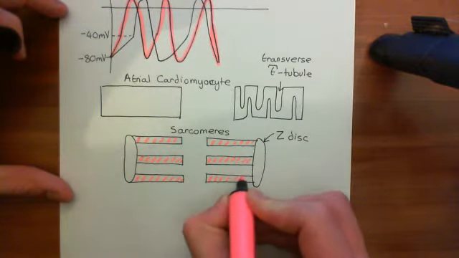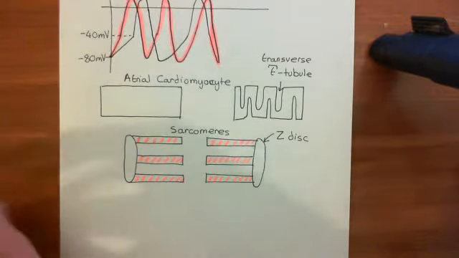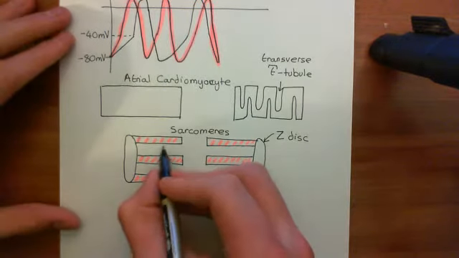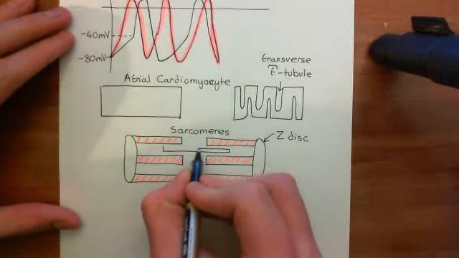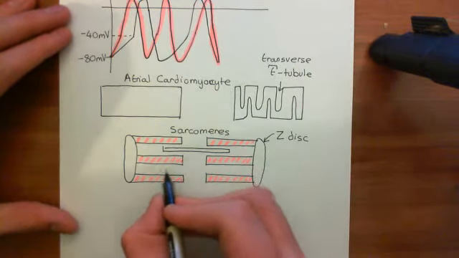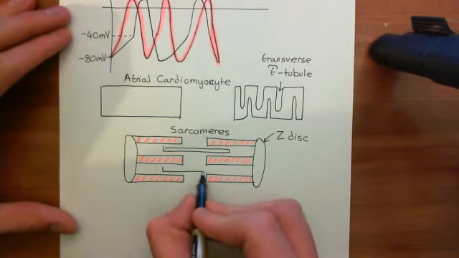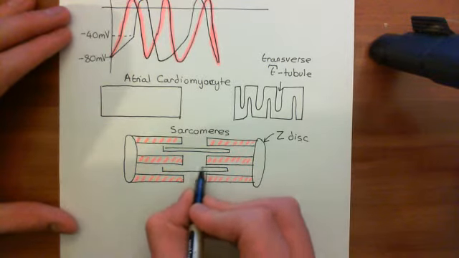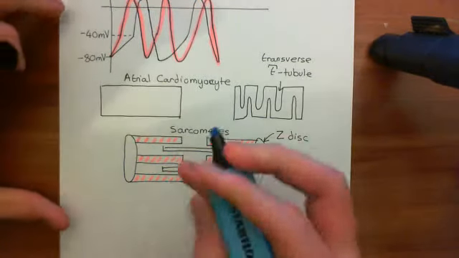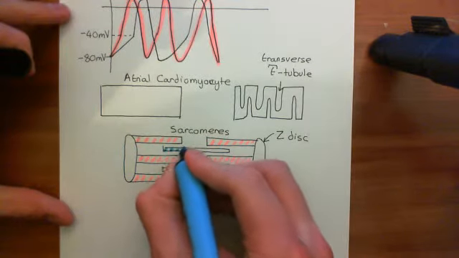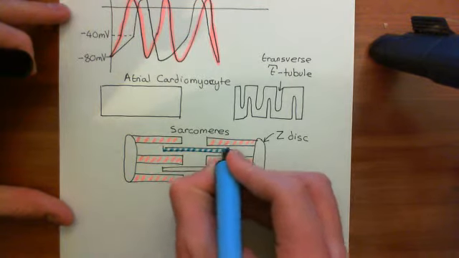So here are the actin filaments, and now suspended in between them are the myosin filaments. You'll hopefully agree that this sarcomere structure is exactly analogous to the contractile units that we had within smooth muscle cells. I will colour the myosin filament in blue here.